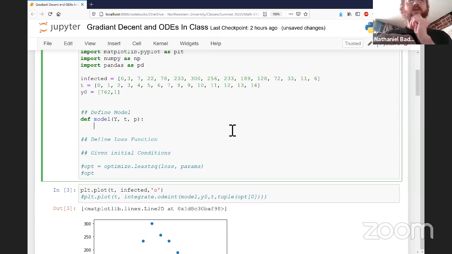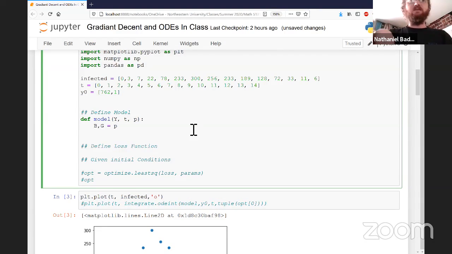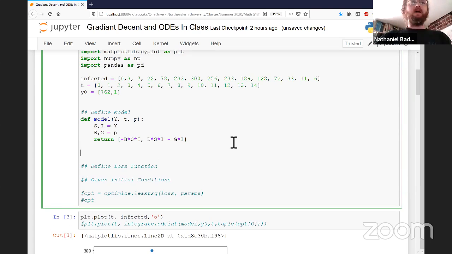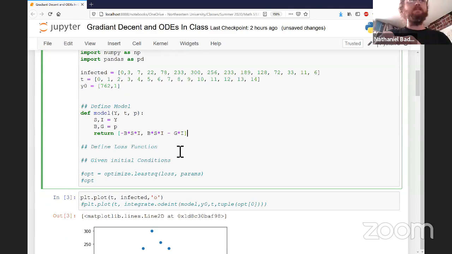We're going to feed it some parameters. I'll say beta, gamma equals P, and then return, we can just do it in one line, S, I equals Y, minus B times S times I, B times S times I minus G times I. Great. Okay, so that's our model.